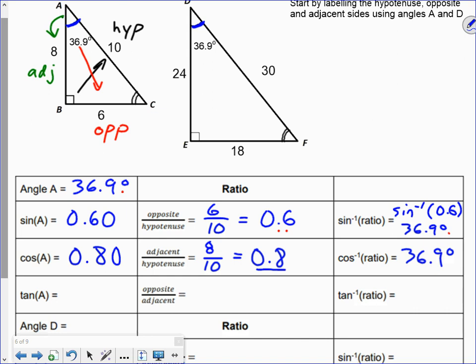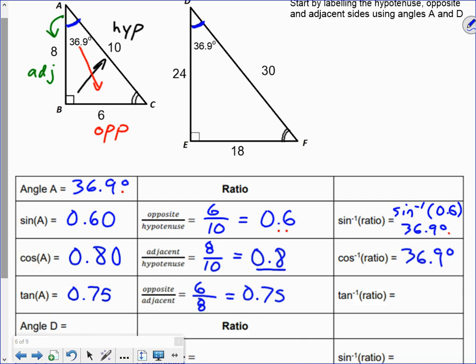Similarly for tan, if we put tan 36.9 degrees into our calculator, we get 0.75. If we take our opposite side, which is 6, and we divide it by the adjacent side, which is 8, again, 0.75. So that ratio, tan of an angle, is equal to opposite over adjacent.